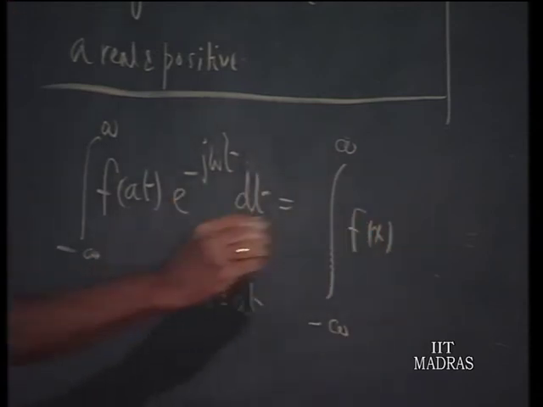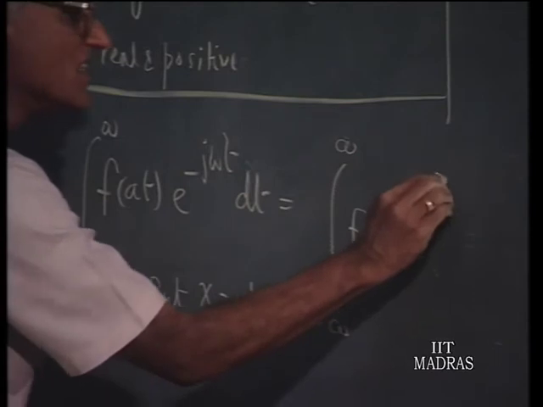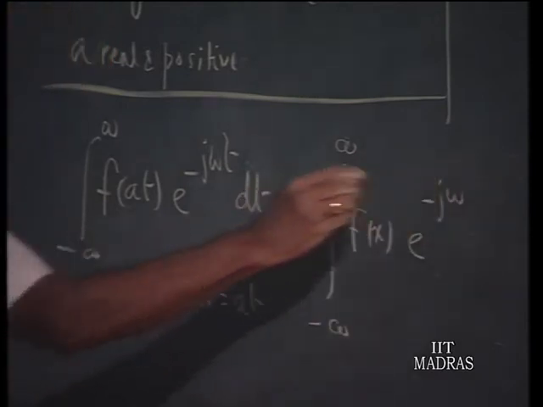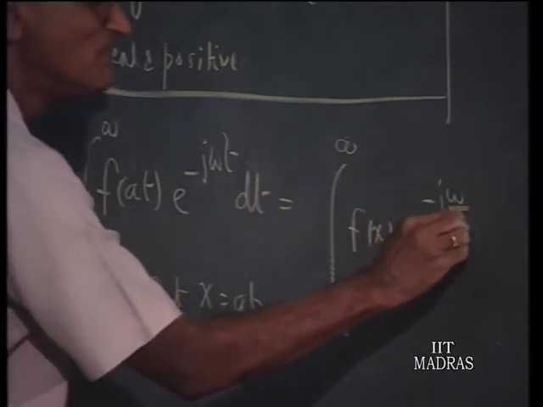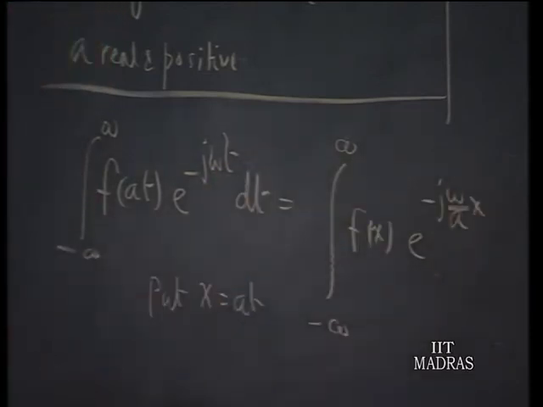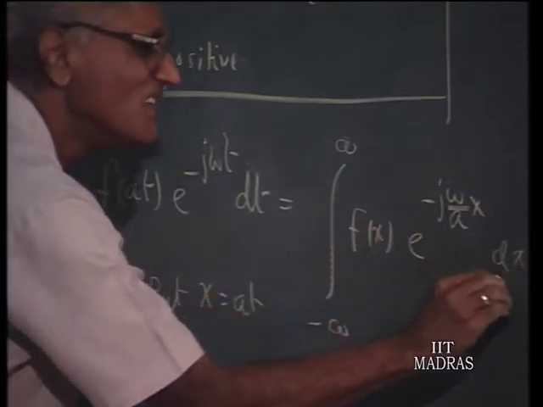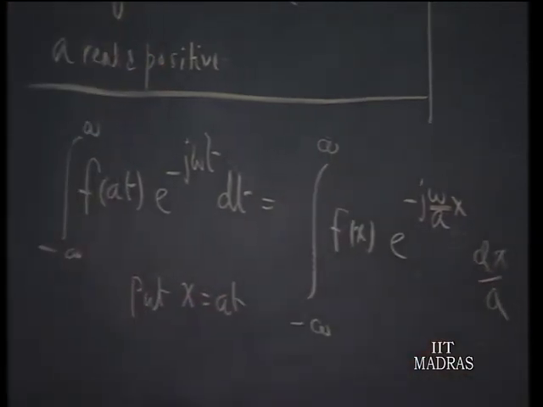f of x, and e to the power of minus j omega t, where t equals x upon a, and dt is dx upon a.